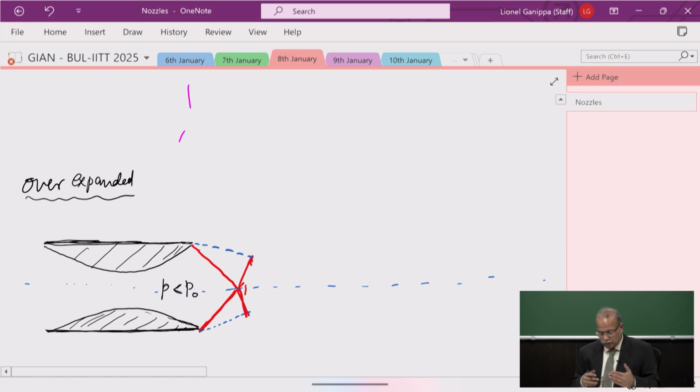Okay. Now the flow will turn, and then we see the following things happening here. Now, when a flow encounters an oblique shock, the static pressure will increase. So the pressure at this point will be equal to P naught. Now again, the flow will encounter an oblique shock. The pressure will increase. So P will be greater than P naught.